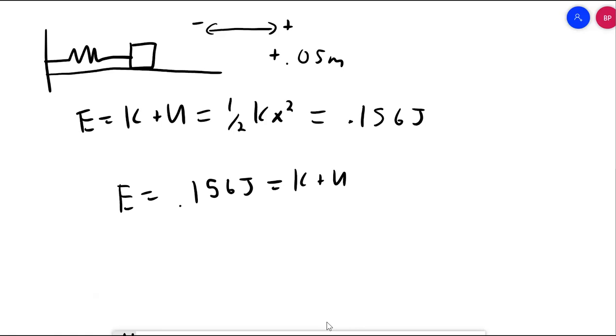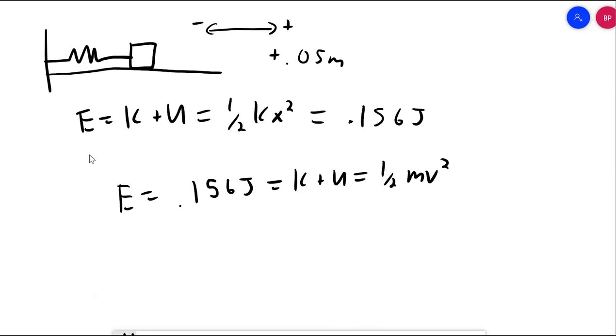It's moving the fastest at equilibrium, right? The energy is split between the kinetic energy and the potential energy, so it's the fastest when the potential energy is 0 and you only have kinetic energy. At equilibrium, our x is 0. So this goes away, and we're just left with 1/2 mv squared.